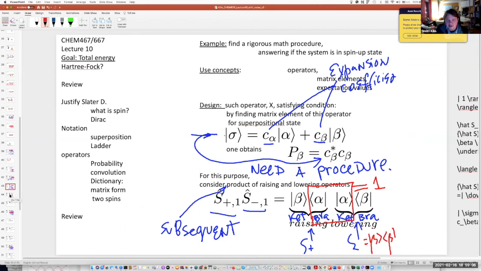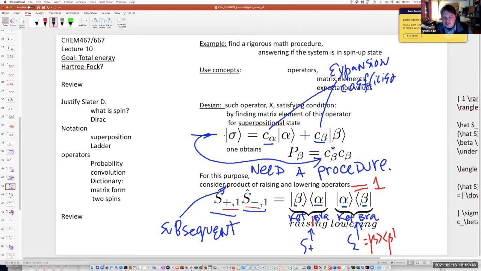So another thing is to combine raising and lowering operators, minus and plus. If we multiply them, so here are the raising and lowering operators together. This beta into alpha is the lowering operator.